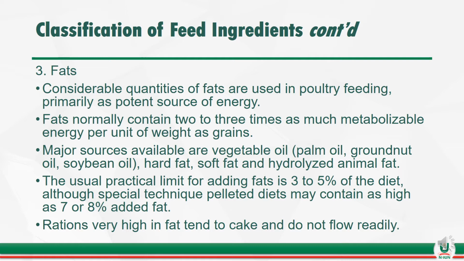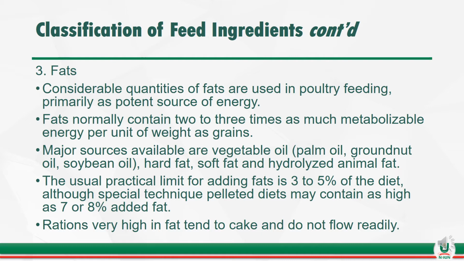The major sources available are vegetable oils, which include palm oil, groundnut oil, soybean oil, hard fats, soft fats, and hydrolyzed animal fat. The usual practical limit for adding fat is 3 to 5% of the diet, although special technique pelleted diets may contain as high as 7 or 8% added fat.